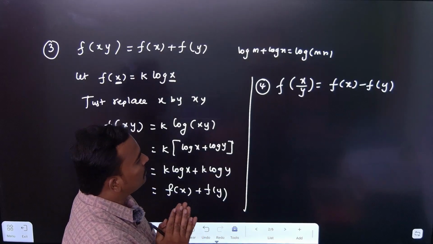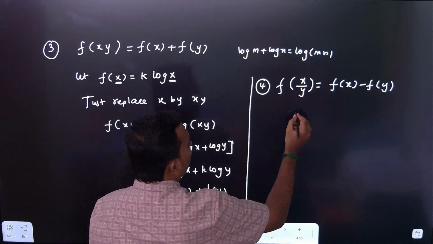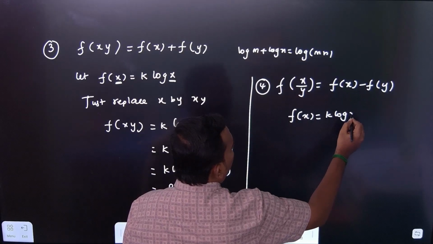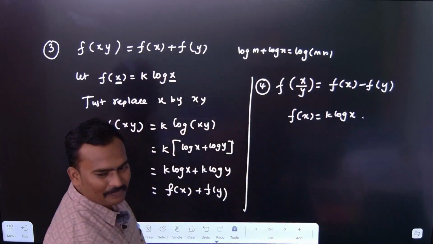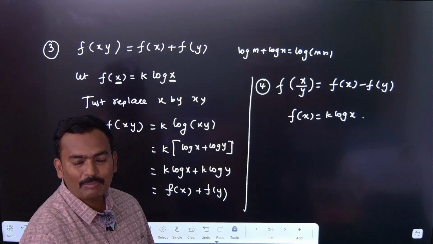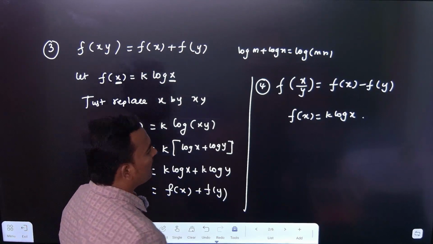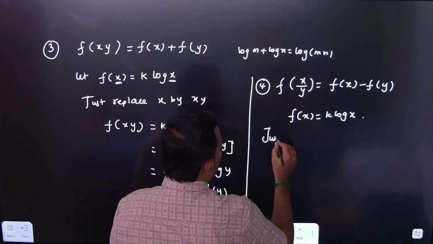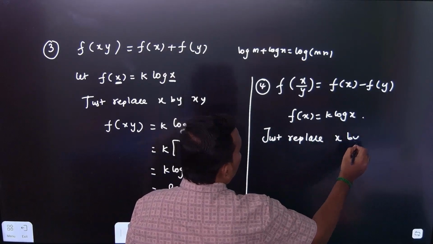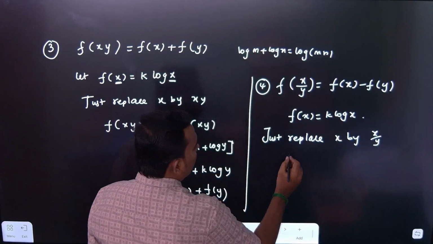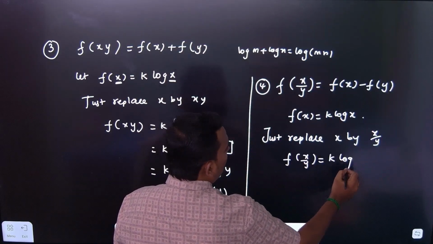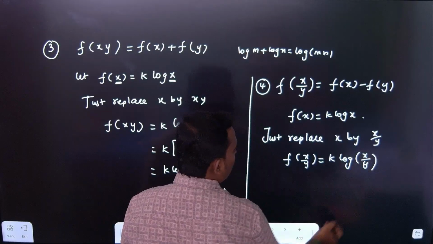So which one is possible here? As the suitable function, you know that k times log x only is possible. Why? Because the division changes to subtraction. So log only is possible, right? Just replace x by y. What will we get? f of x by y is equal to k times log of x by y.